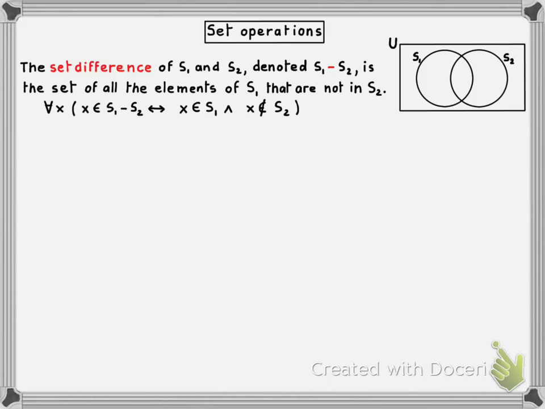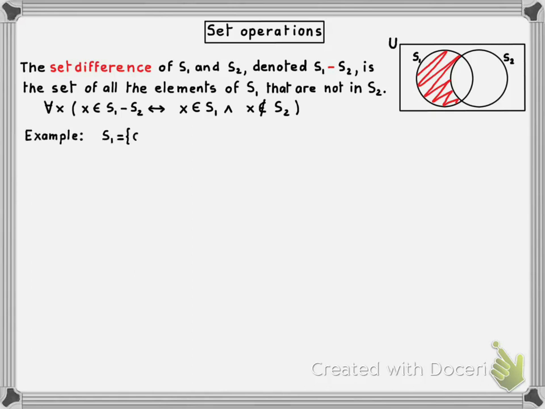So where are the elements of S1 minus S2? Well, they must be inside the circle S1, since they must belong to S1, but they must be outside the circle for S2. And the only elements that satisfy these definitions are the following, and these are in the set difference of S1 minus S2.